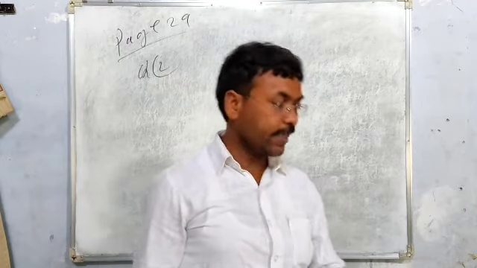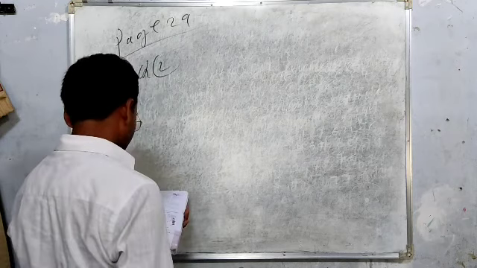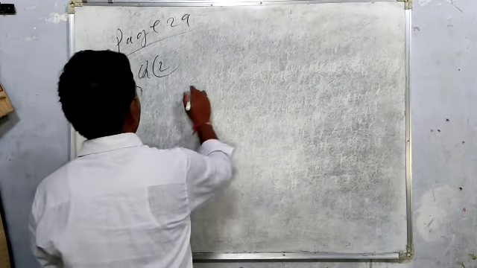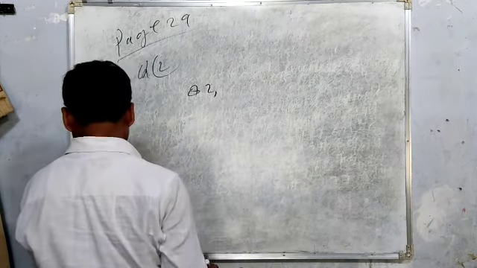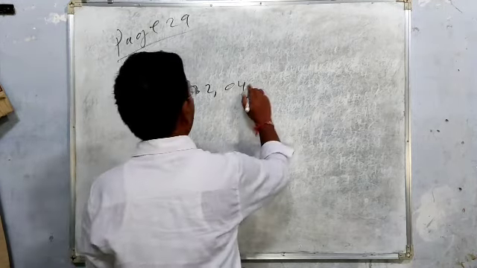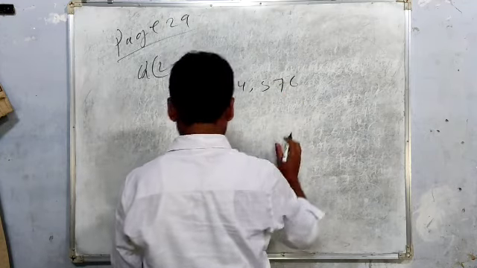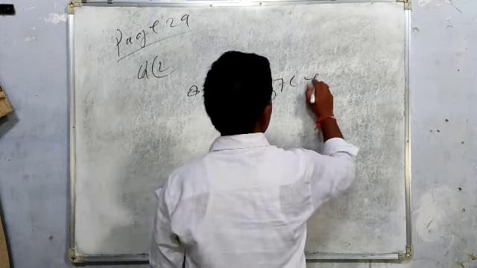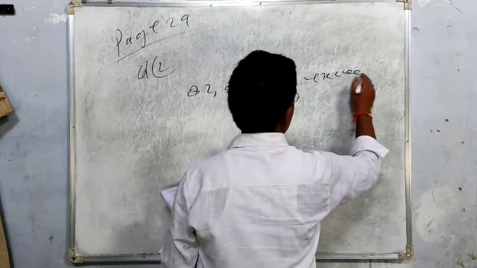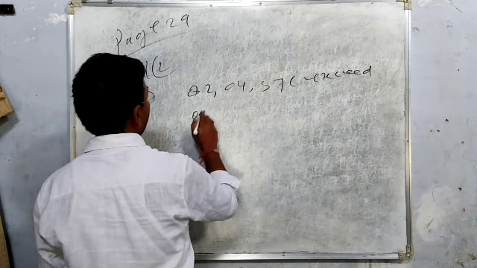So now come on, second one. You can write 82 lakh 4,576 exceed, or this can be written as more.